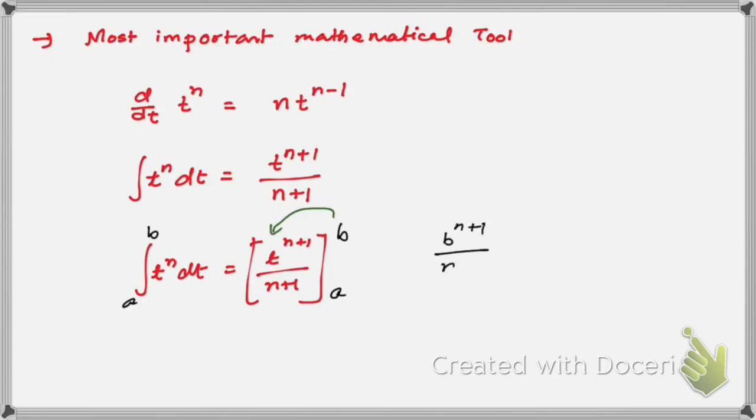On putting t is equal to b, we get b to the power n plus 1 by n plus 1. This is the value we have got. Putting the upper limit, then put the lower limit a, then you will get the value a to the power n plus 1 by n plus 1. Then you have to subtract these two. That's what we're gonna get, right?